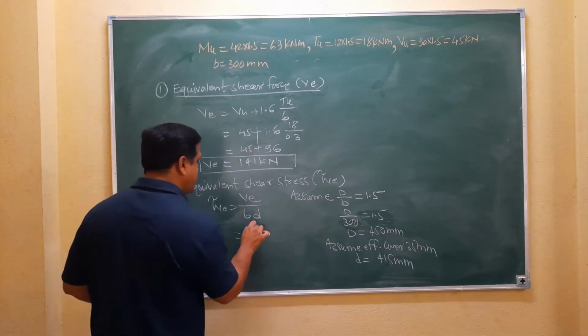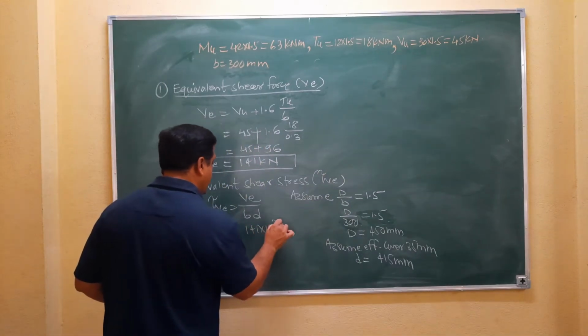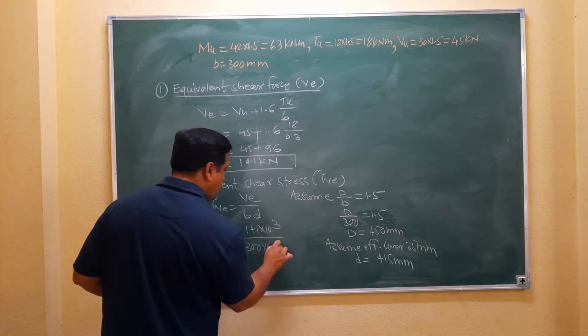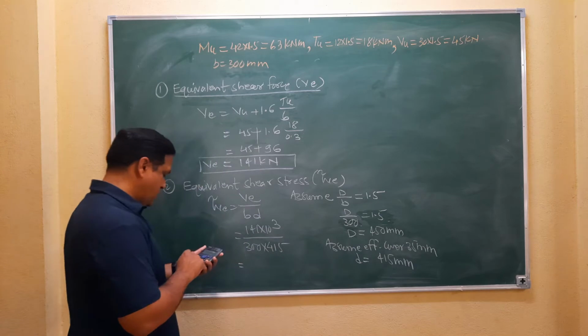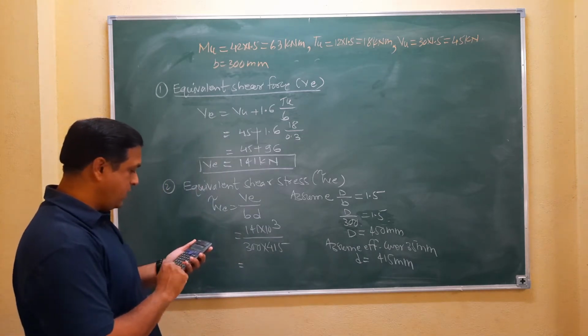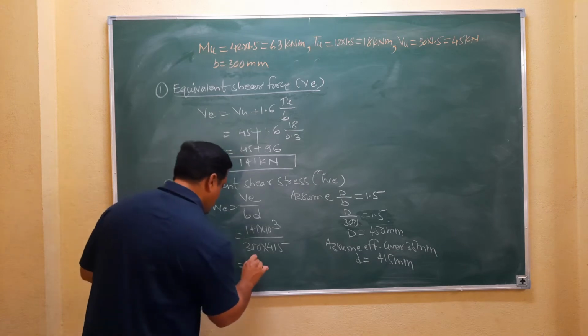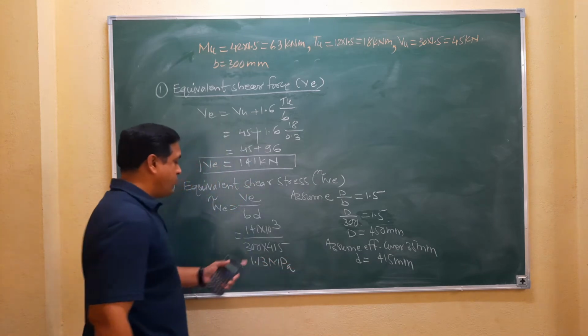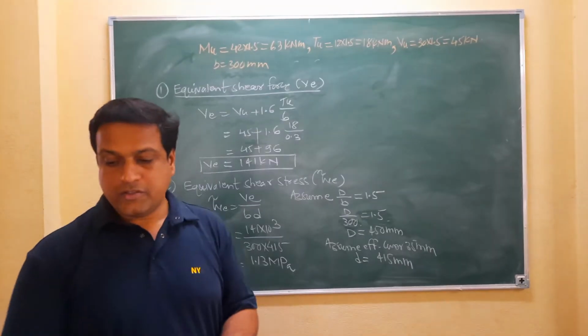So it is 141 into 10 raised to 3 divided by 300 into 415. The value is 1.13 megapascal. So this is tau ve.